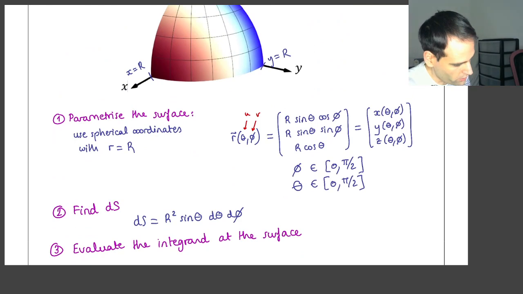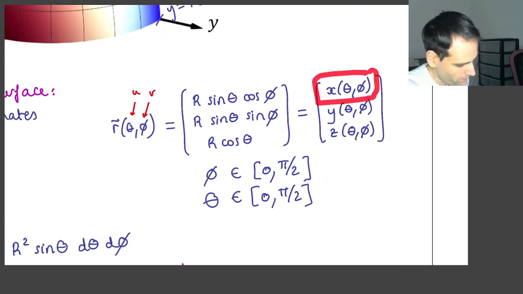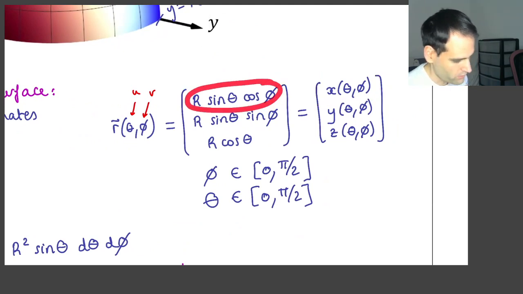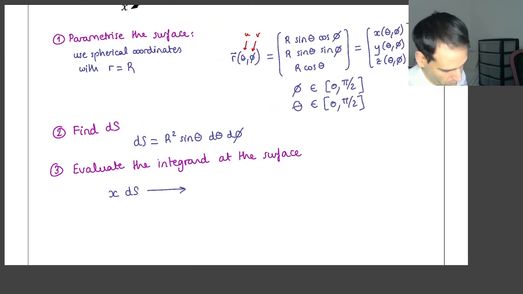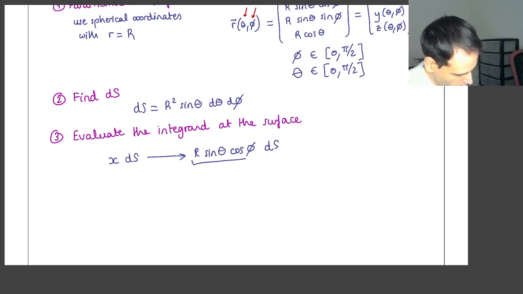You go into the parametric equation of the surface. x is a function of theta and phi, so we substitute x with r sine theta cos phi, times ds.